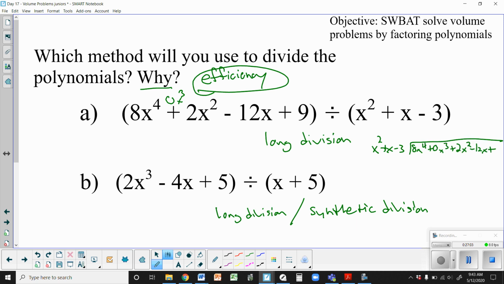I thought I was able to fit it in. I spoke too soon. Can't fit the 9 in there. Oh, well. There's a 9 right there. Anyway, all right, so let's move on to here.